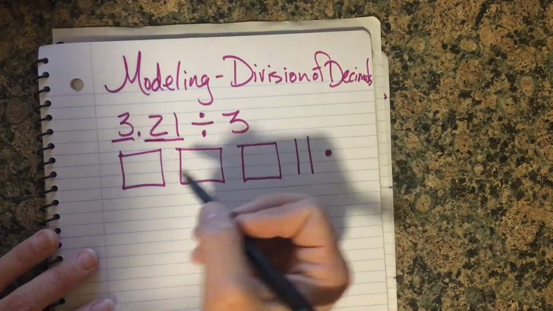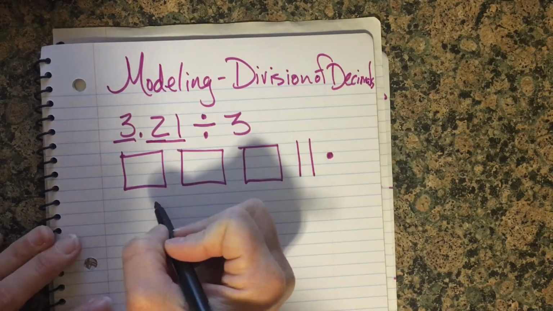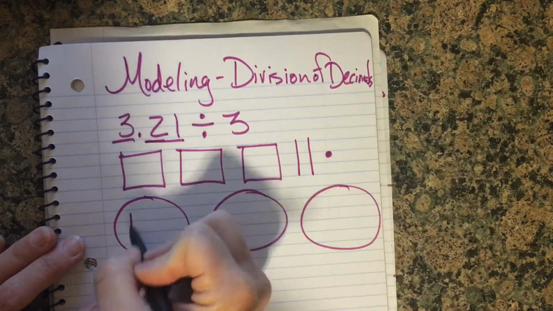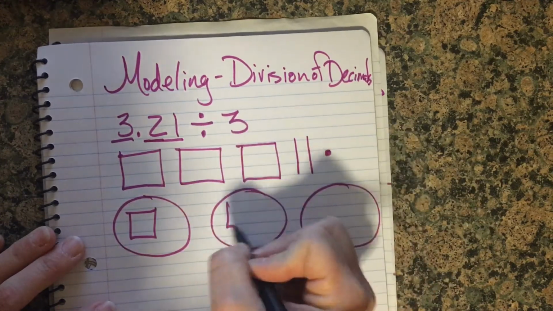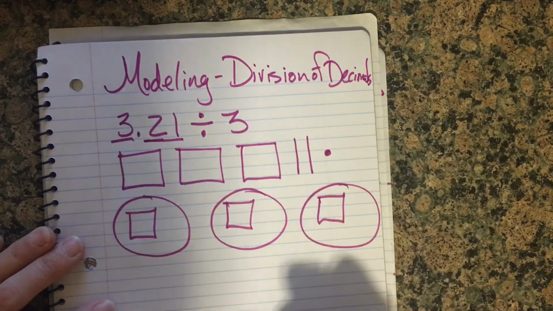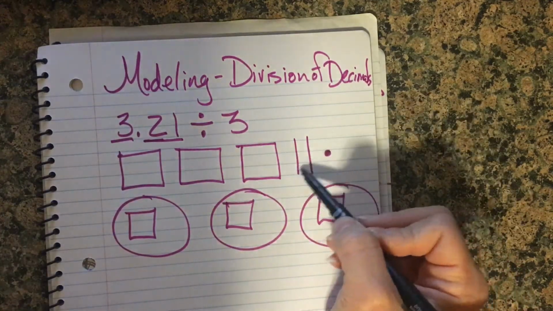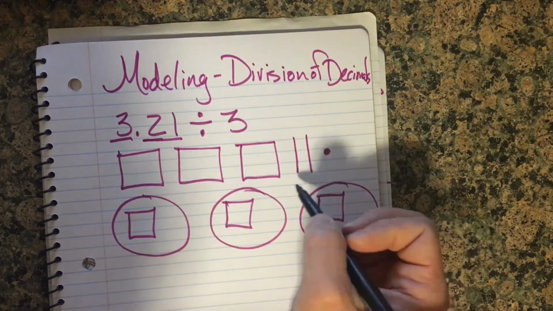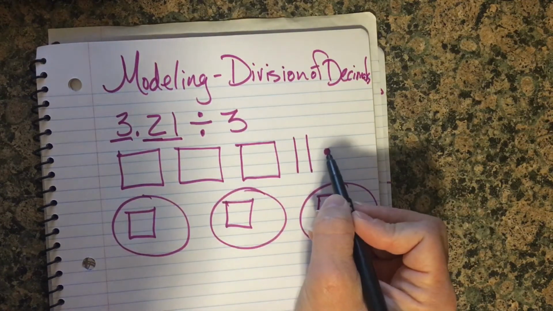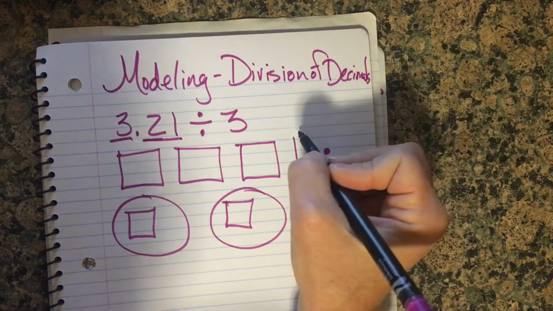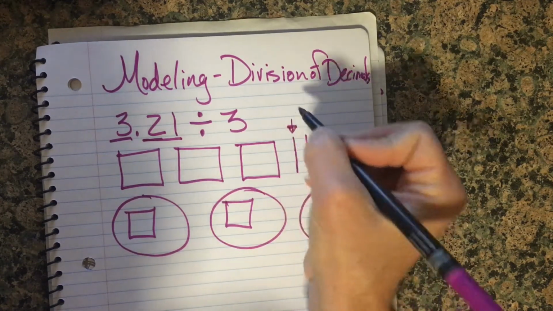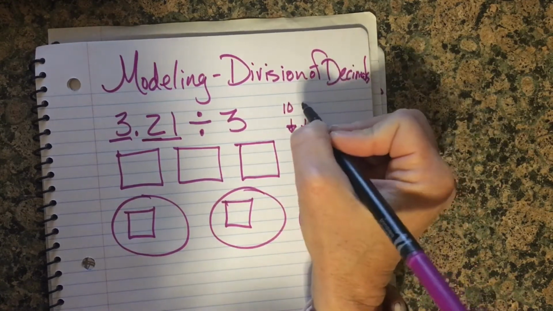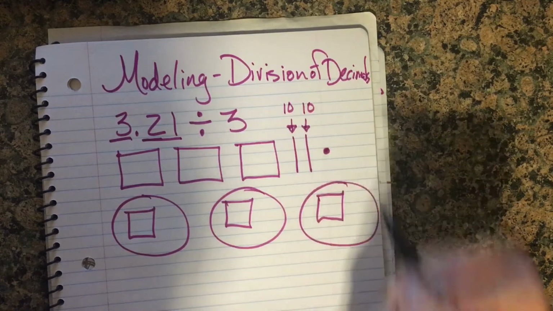So if I'm dividing this into 3 groups, it's easy to go ahead and split these 3 ones and put 1 in each group. This gets a little trickier. So 21 hundredths can be 2 tenths and 1 hundredths, or I can break these up into 10 pieces and 10 pieces, so I have 21 dots.